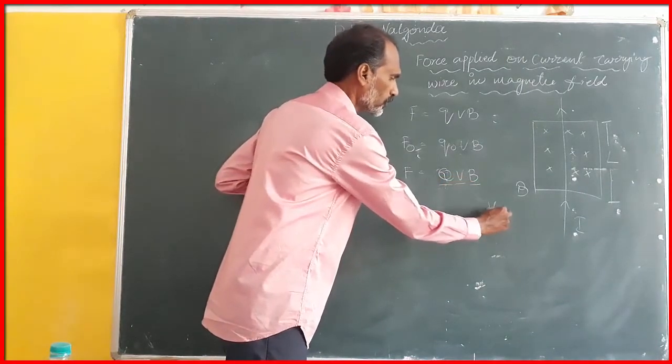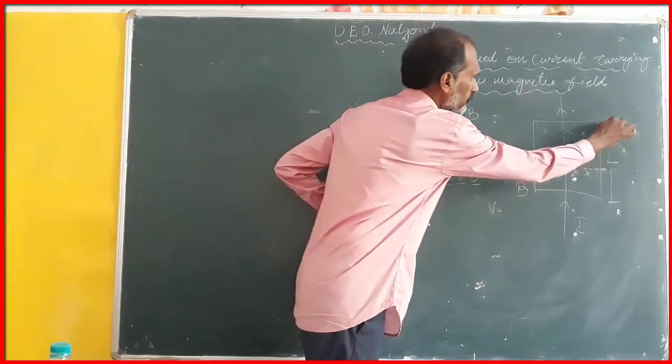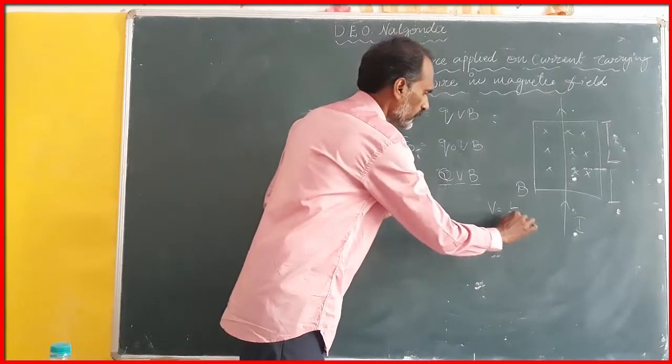Now we will find the velocity of the charge. We know velocity is distance travelled divided by time. Here the distance is the length L, and the time is small t.